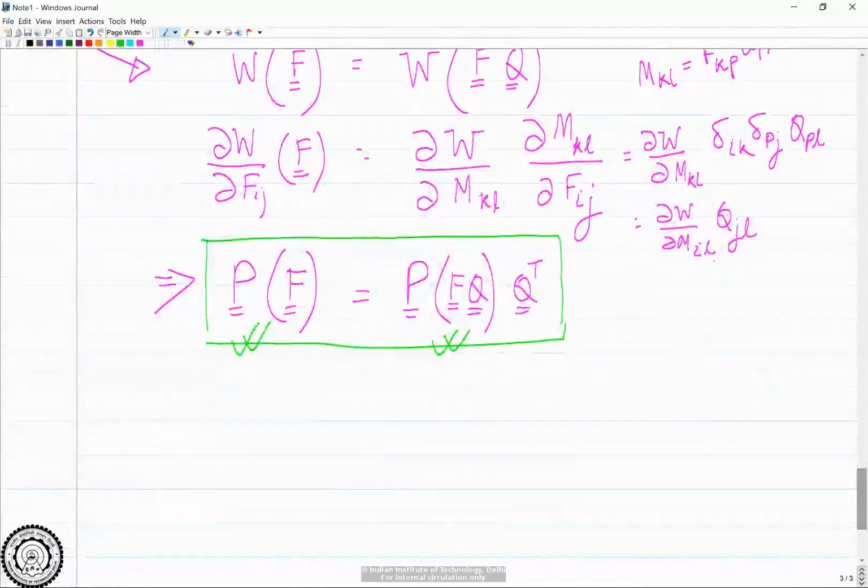Now let us try to work it out in terms of Cauchy stress. So we know that sigma is equal to, is it 1 over determinant of F into P F transpose? Am I right?